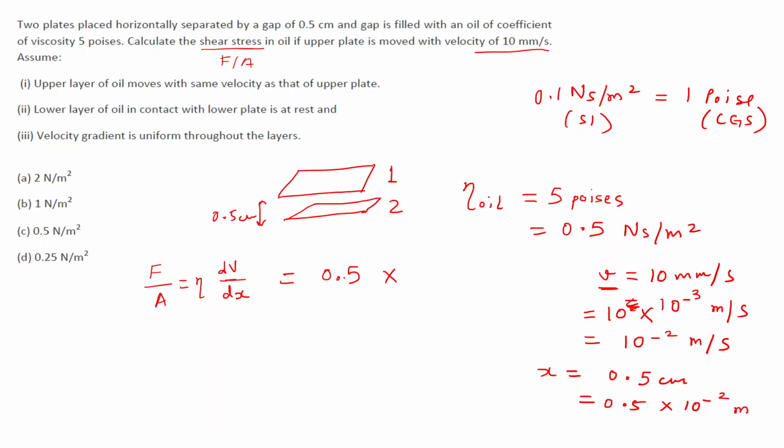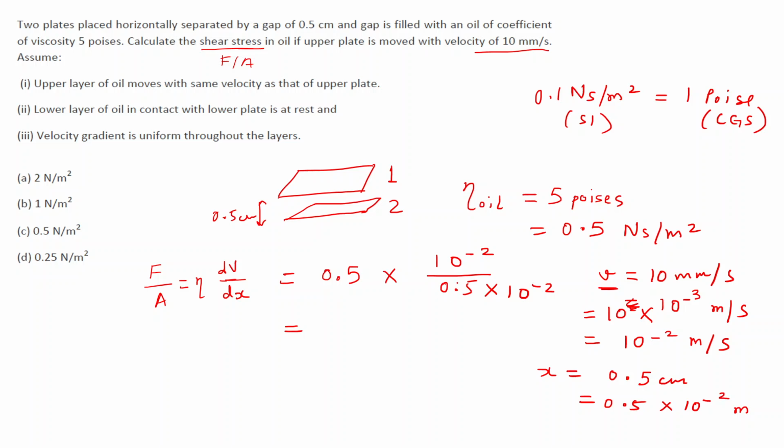Now putting these values here, eta is already in SI. dV by dx is 10 to the power minus 2 for the change in velocity, and the distance between the two plates is 0.5 times 10 to the power minus 2.